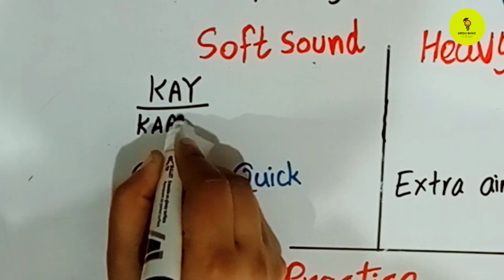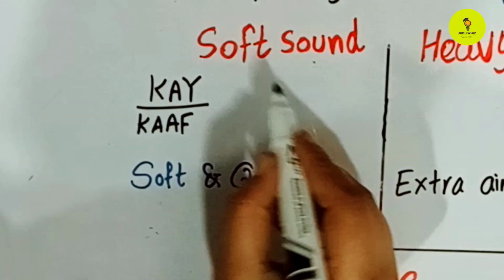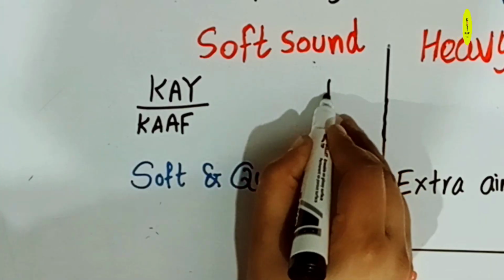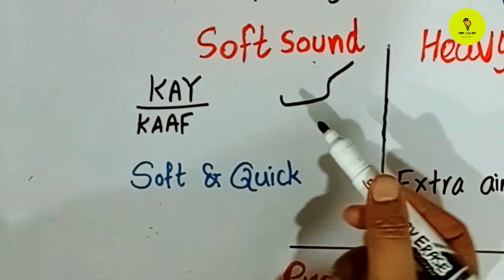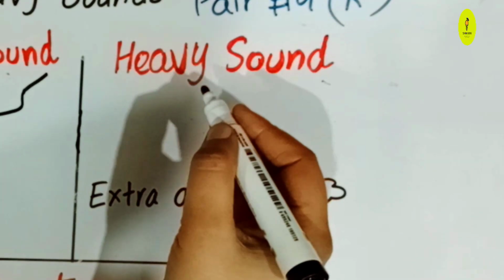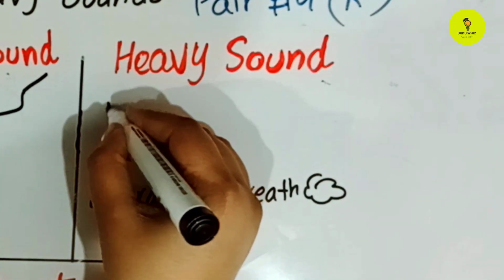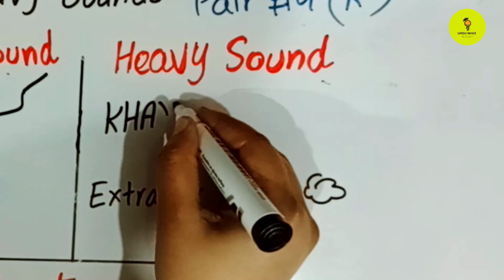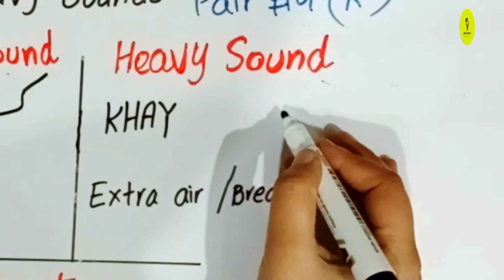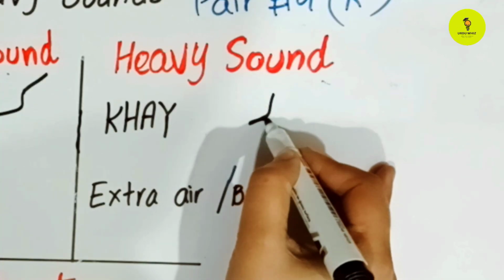In Urdu we say Kaaf to the letter K. Now we will write the heavy sound of the alphabet Kaaf, and in Urdu we will write it like this.